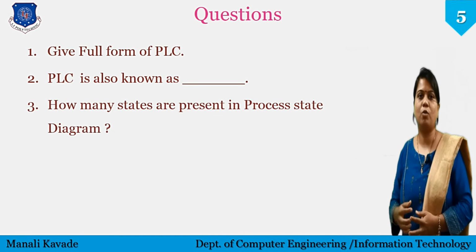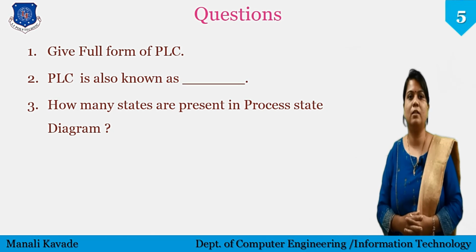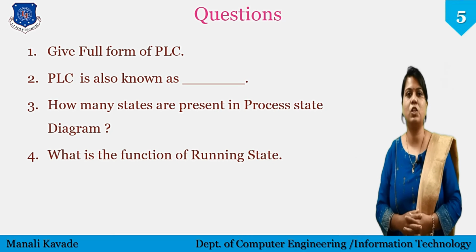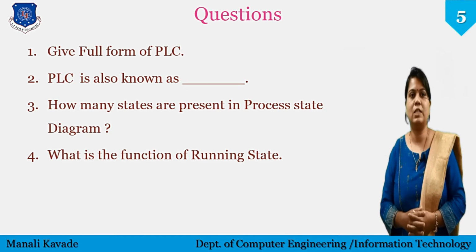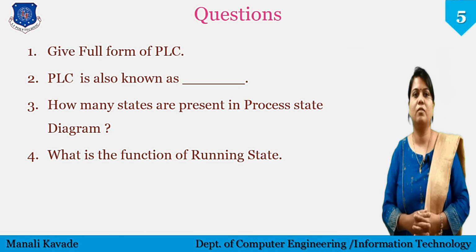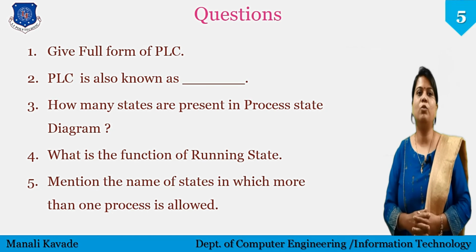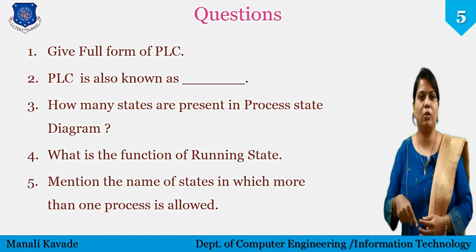Third one is, how many states are present in process state diagram. Fourth one is, what is the function of running state in process state diagram. Fifth one is, in which state more than one process are allowed to be present at any instance of time. You can answer all these questions in the below comment section.